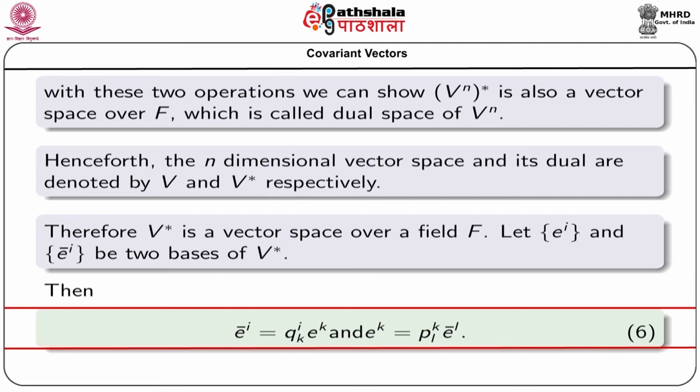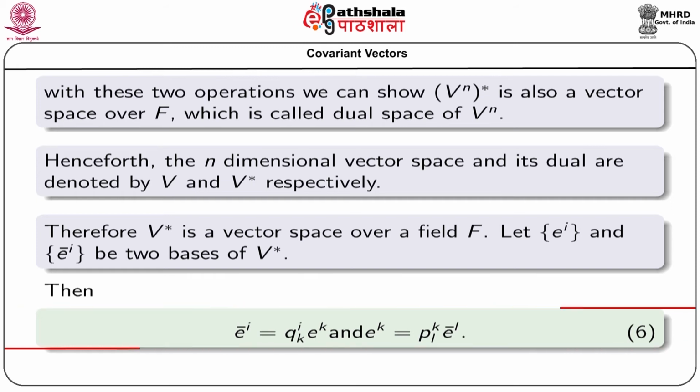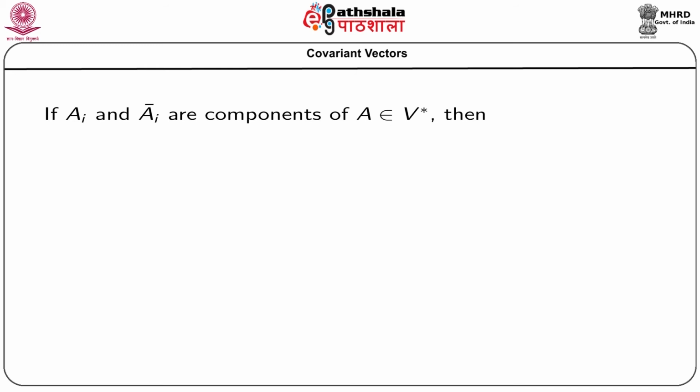Then again Ē^i can be expressed as Q^i_k E^k, and E^k can be expressed as P^k_l Ē^l, as a linear combination of these two vectors. Now, let us see how the elements of V star can be expressed in terms of these basis vectors.